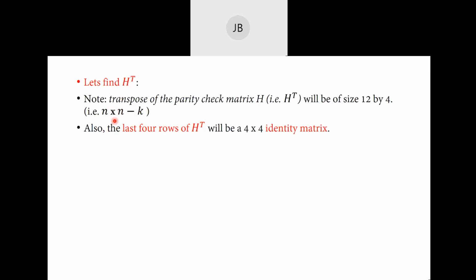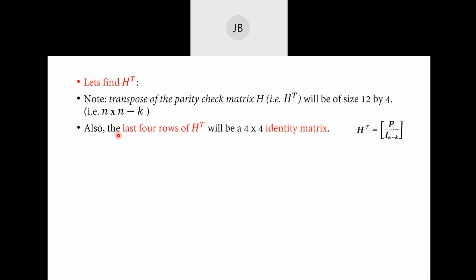And also we know what are the elements of H transpose. H transpose will have certain parity matrix and also the identity matrix. So its dimension is 12 cross 4. That means 12 rows and 4 columns.